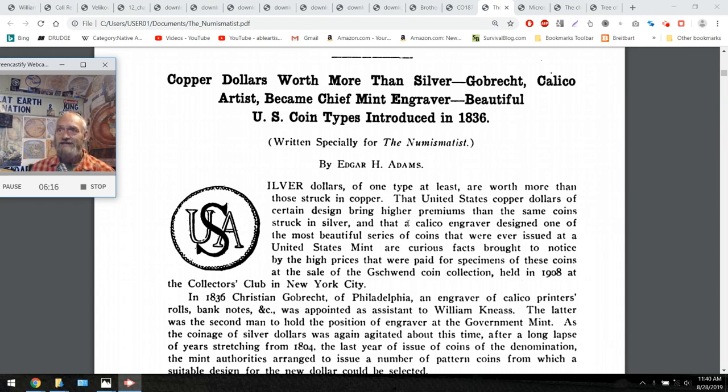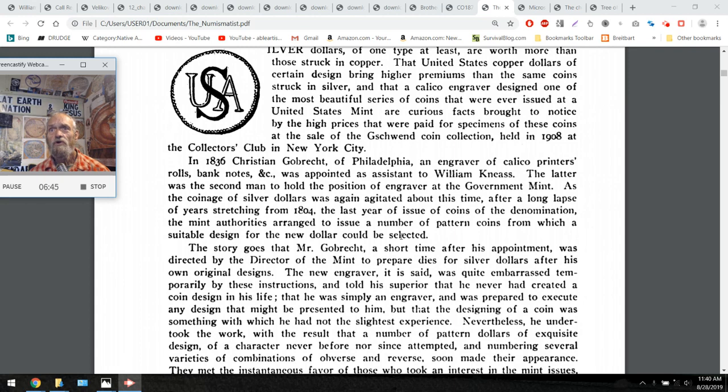The United States copper dollars of certain designs bring higher premiums than the same coins struck in silver, and that a calico engraver designed one of the most beautiful series of coins that were ever issued at a United States mint are curious facts brought to notice by the high prices that were paid for specimens of these coins at the sale of the Schwinwad coin collection held in 1908 at the Collectors Club in New York.